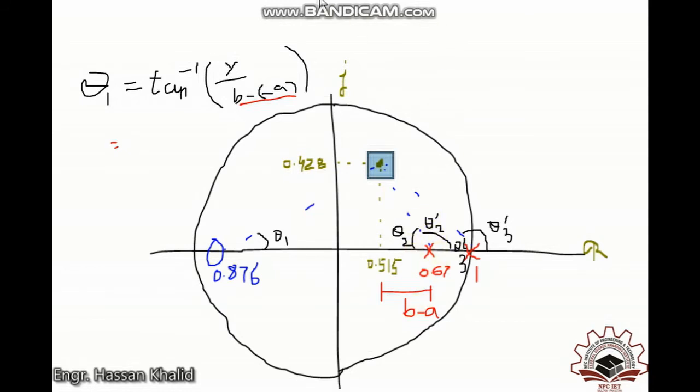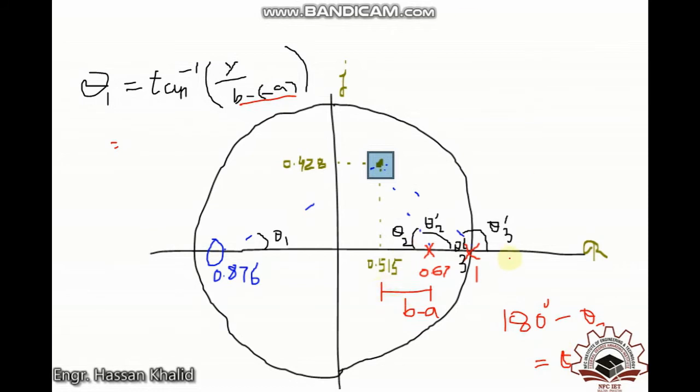Now similarly, you can also evaluate the angle for the external side, that is theta 2 prime. If you subtract the overall angle from 180 degrees, that is 180 degrees minus theta 2, you will be able to evaluate theta 2 prime, which is the external angle taken in the anti-clockwise direction.